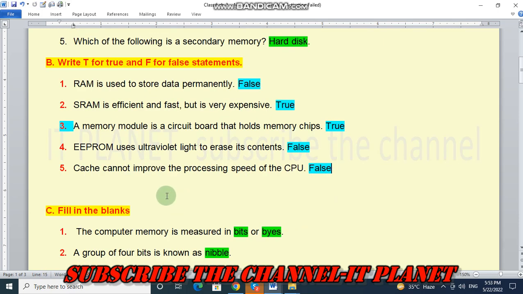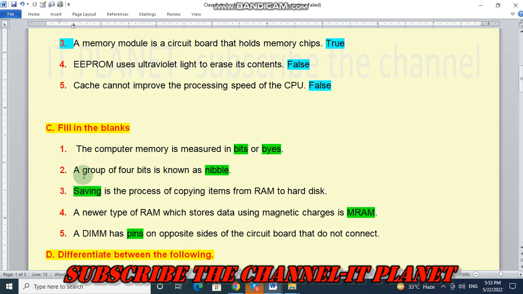Next question is fill in the blanks. The computer memory is measured in bits or bytes. A group of 4 bits is known as a nibble. Saving is the process of copying items from RAM to hard disk.